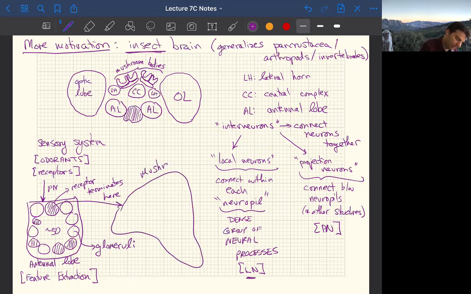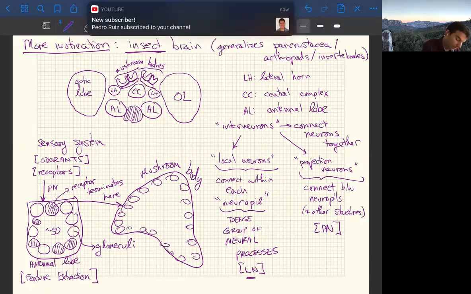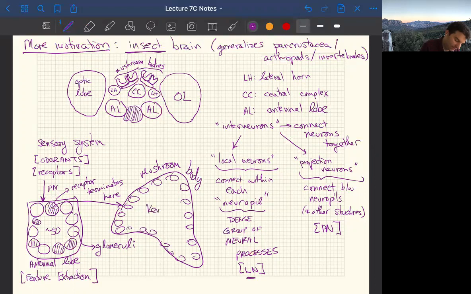Pardon the ugly drawing here. They're projected to these little things around the edge of the mushroom body, of which there are about 200, called Kenyon cells.